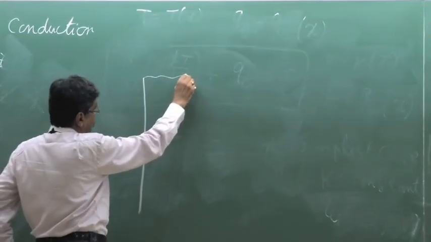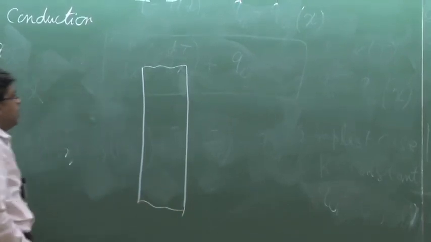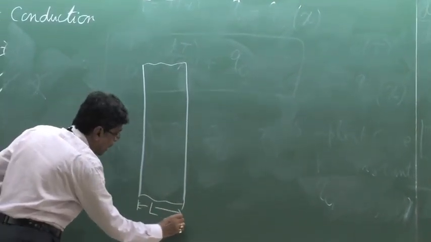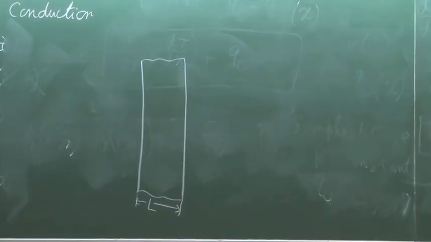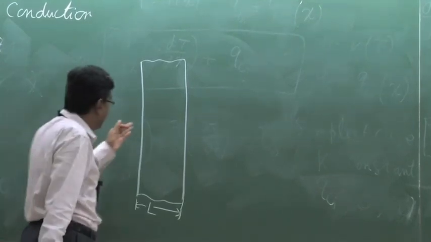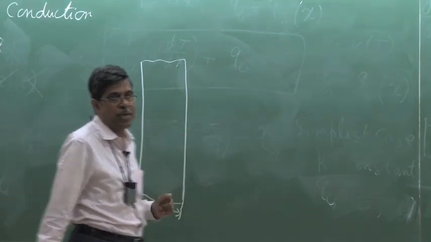Similar thing, the geometry is same. That means its length is less than the dimensions in other directions. But the problem is prescribed not by specifying the temperature at the two surfaces.